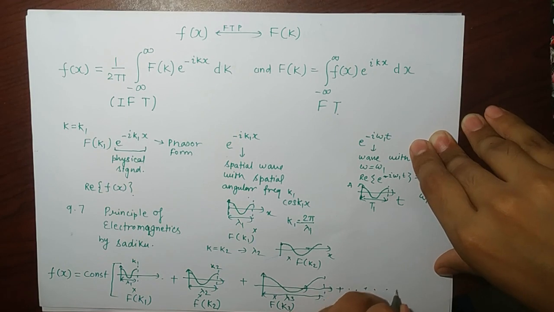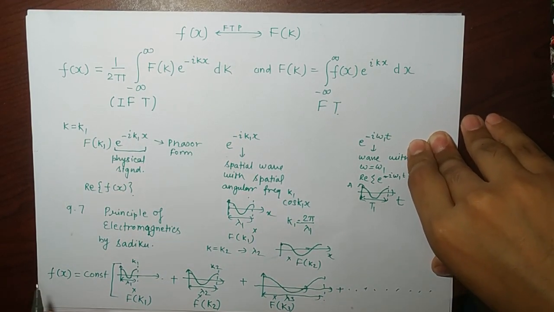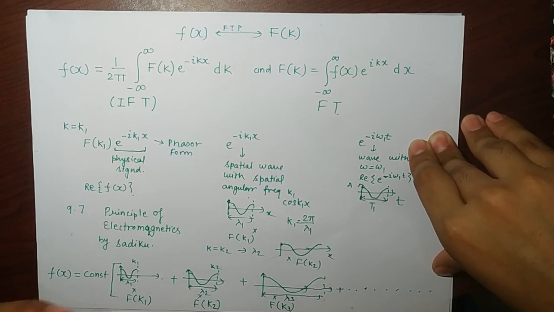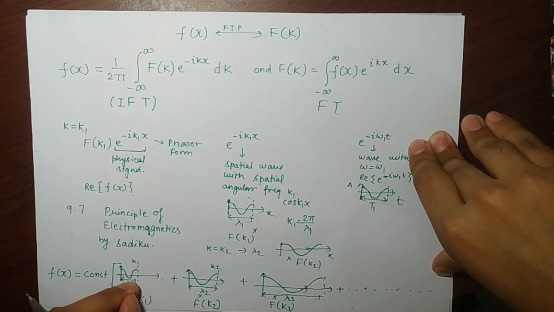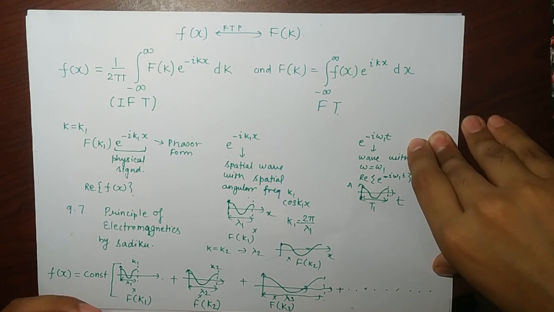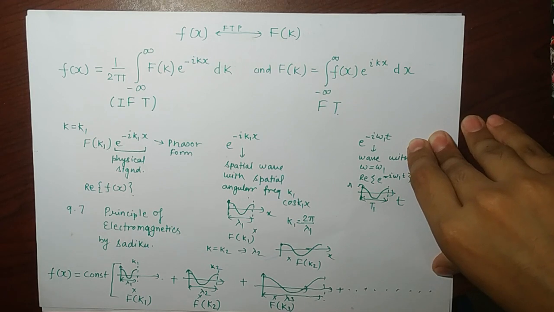Similarly it goes on. So f(x) is basically all these angular spatial waves corresponding to the angular spatial frequencies, multiplied by an envelope of f(k).